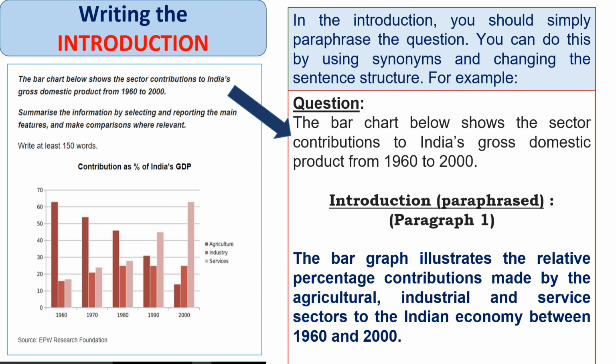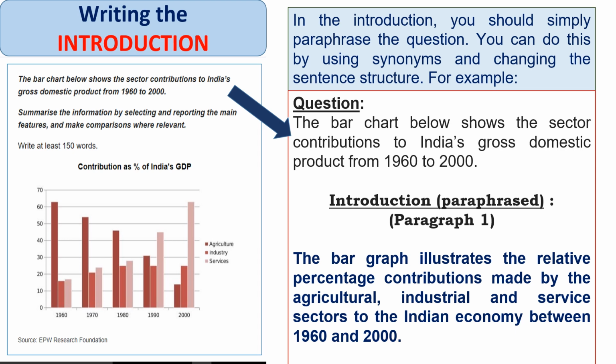The bar chart illustrates. These are the words which I already gave you when we were doing the line graph. Illustrates, demonstrates, gives information, explains, displays, like that. So the bar chart or the bar graph displays or illustrates the relative percentage contributions made by.